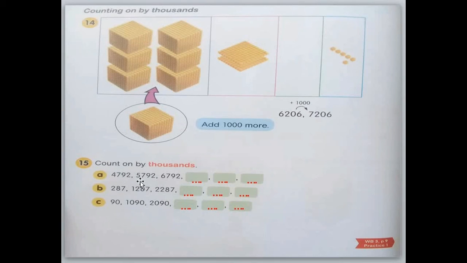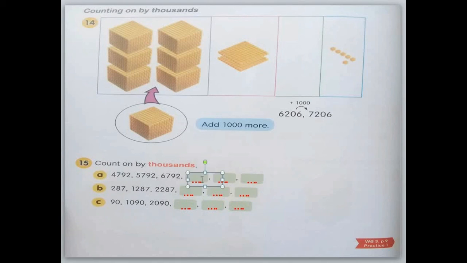4,792, and then it goes to 5,792, 6,792. If you guys check the number, actually the number on the ones, on the tens, and on the hundreds is not changing at all, right? If you see, the number is the same. It's not changing. Which one is different? It's only the 1,000. Okay, so over here 4, 5, 6.